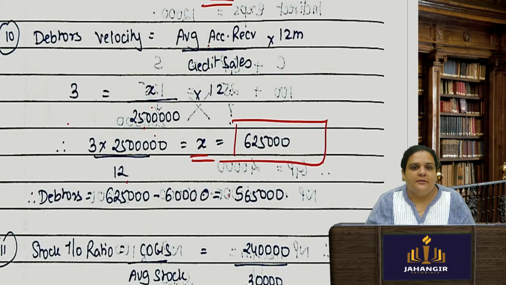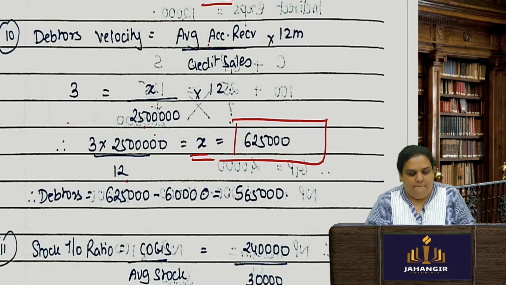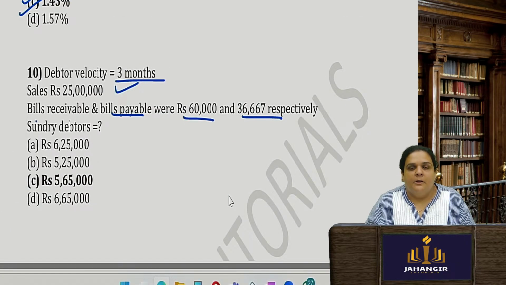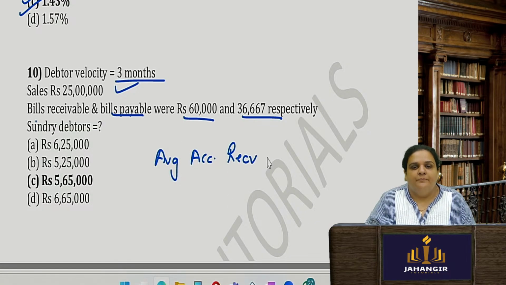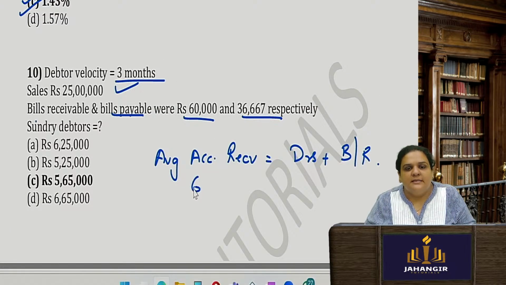But they are not asking me average accounts receivable. They are asking me the amount of debtors. So average accounts receivable, or you can say accounts receivable, is nothing but debtors plus bills receivable. Now accounts receivable we just found out, 6,25,000.